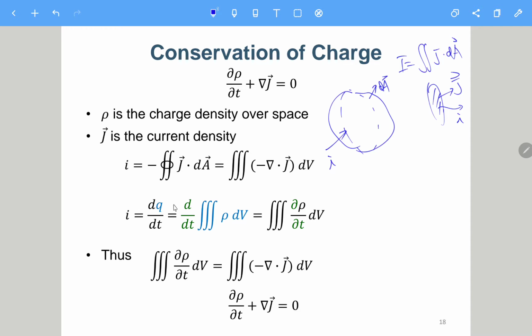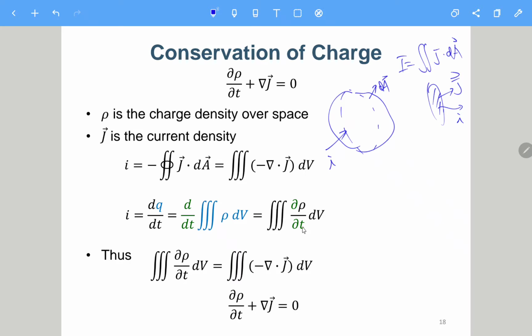Okay, so here we also try to express this Q inside this volume as the triple integral of the charge density over this volume. So we have a d dt here, and Q is the triple integral of the charge density. And similarly, when we put this derivative inside the integral, we make it a partial derivative.